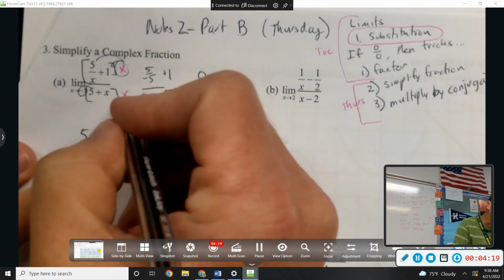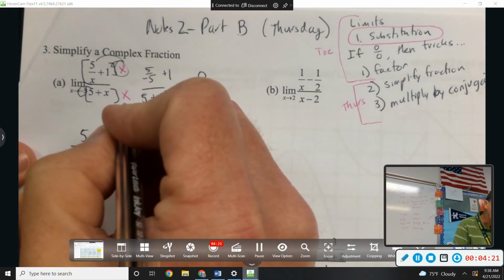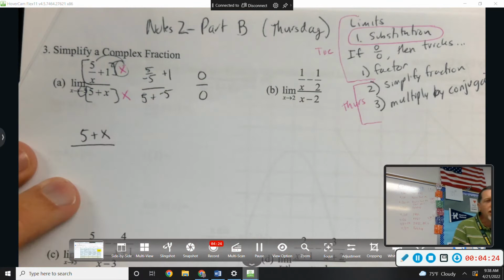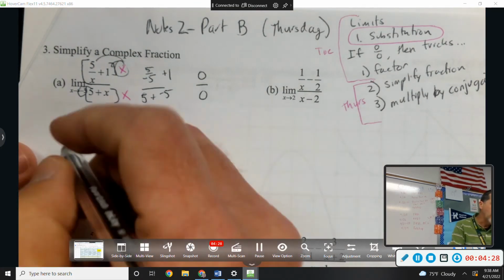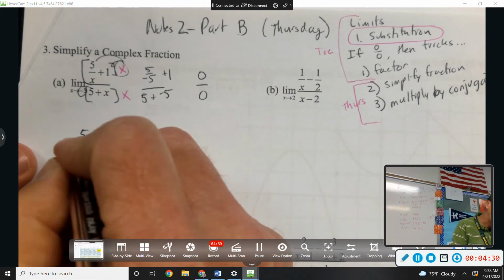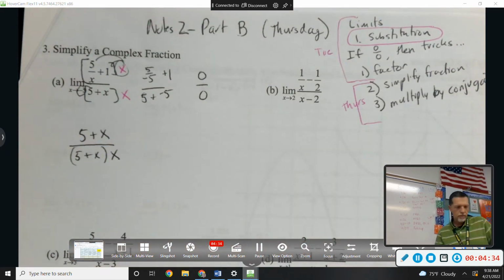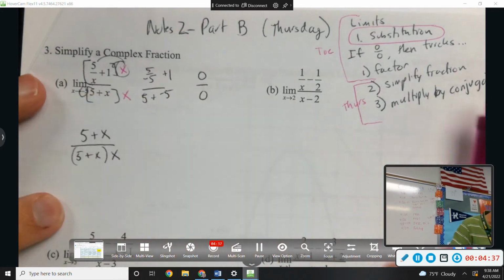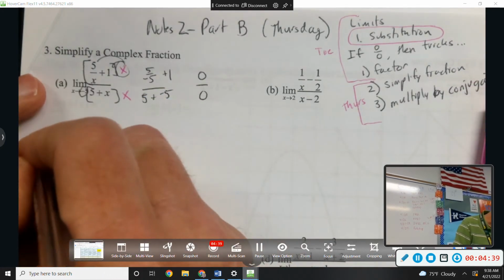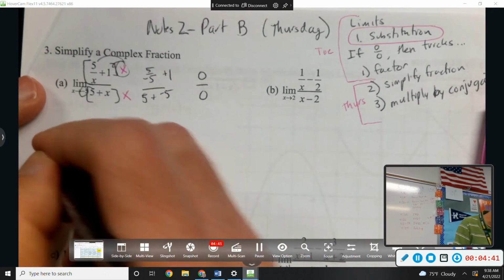And the bottom, it is 5x plus x squared, but look what's in the, let's just leave it because we would like for the 5 plus x to cancel. So limit as x approaches negative 5.